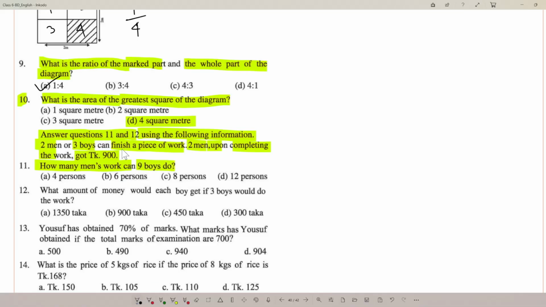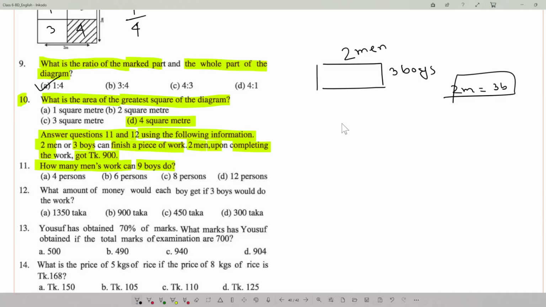So look, first we have to understand the work. Suppose this is a field and here is the work, or this work can be finished by 2 men or 3 boys. Okay, it means 2 men equal 3 boys working on a similar work.